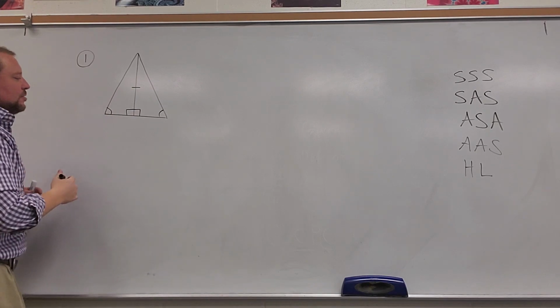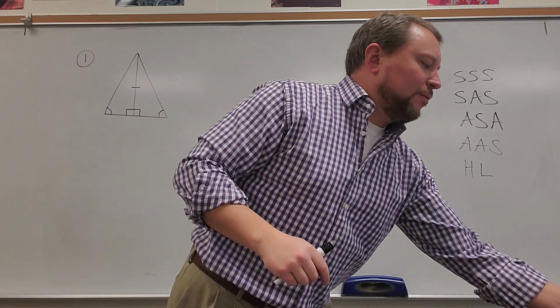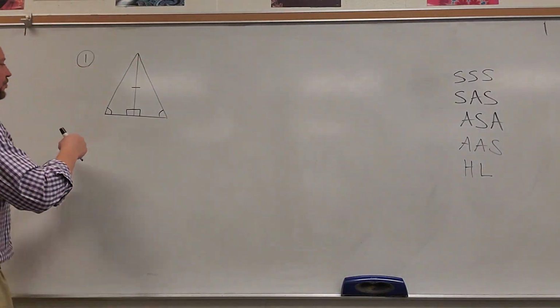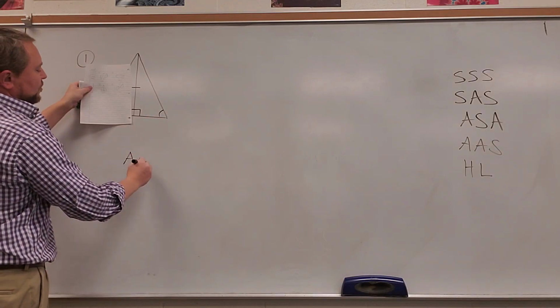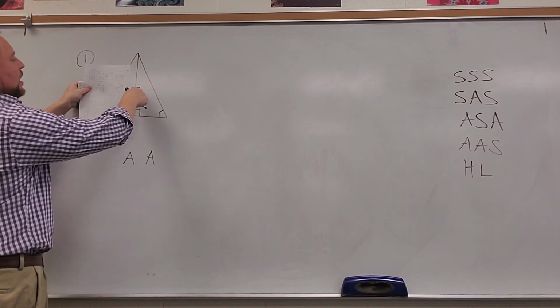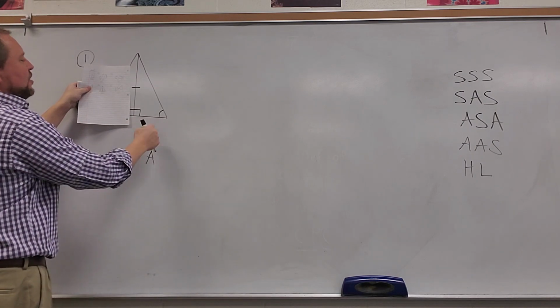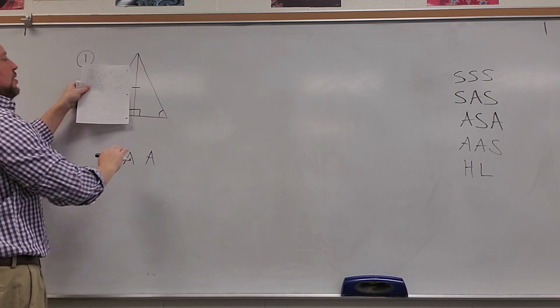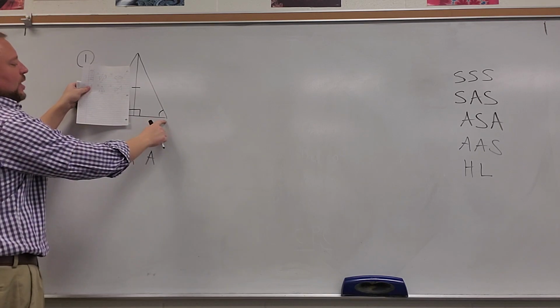So when I look at this one now, on each triangle pictured up here, if I were to cover this up, I've got two angles. Then I look at the side and I ask myself, is that side in between the angles or is it outside, not in between? The one in between would be the one that joins the two angles.